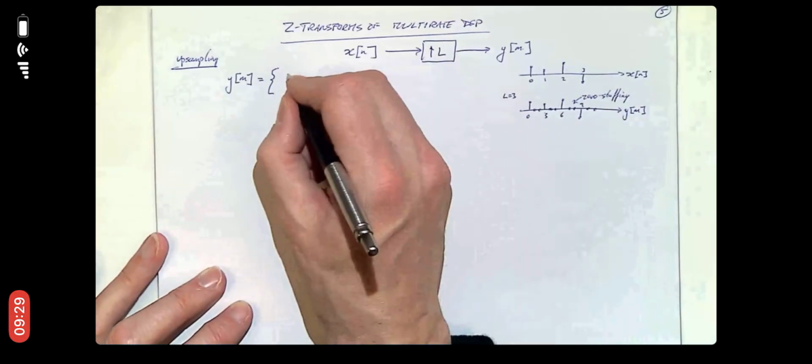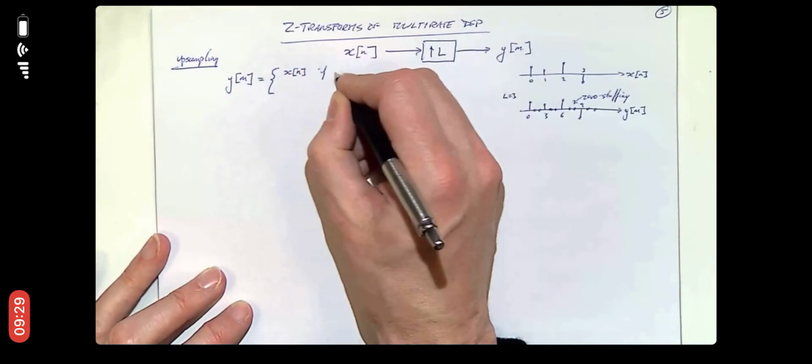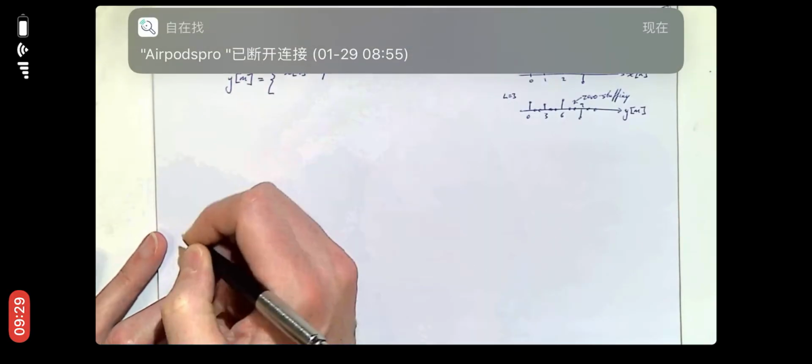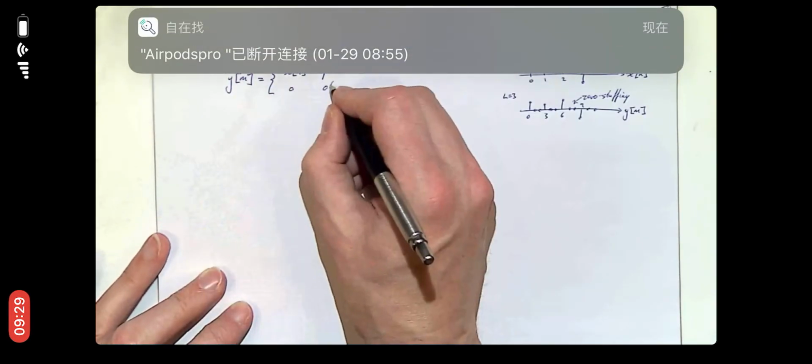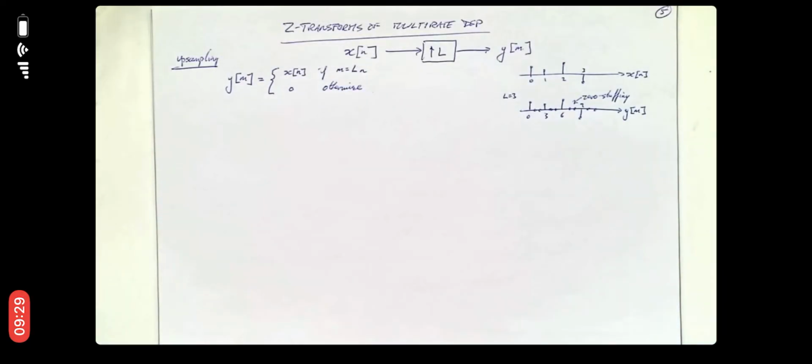So y of m is x of n if m is equal to Ln, and it's 0 otherwise. This is just saying, in terms of a formula, what this upsampling process is doing.